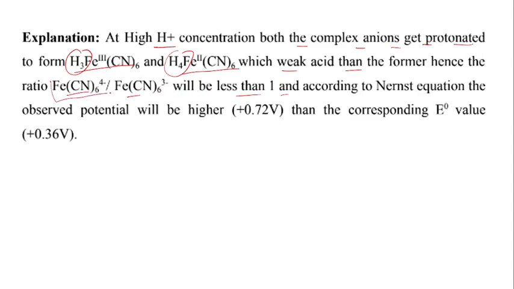Because this species will be more. According to the Nernst equation, the observed potential will be higher. It is 0.72, where E0 is only 0.36. So this is all about this question.